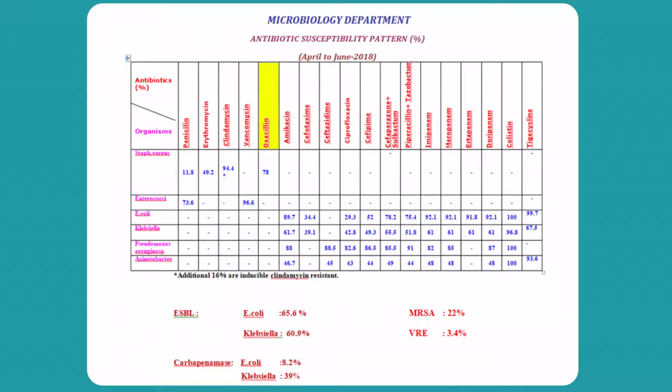And in this particular center, the oxacillin susceptibility is 78%, which means that the MRSA rate is about 22%. So empirically, you need not suspect that every staphylococcal infection will be an MRSA because only 22% is the MRSA rate. So these kinds of antibiograms are released periodically from the microbiology lab.